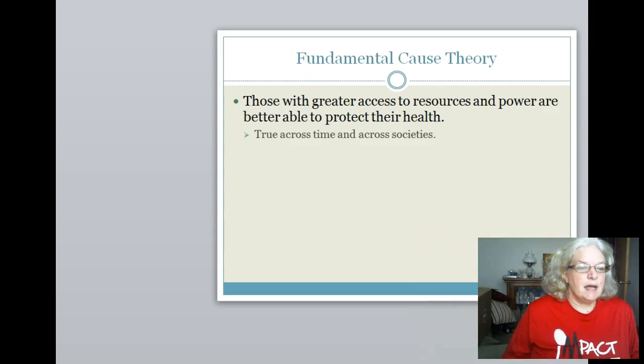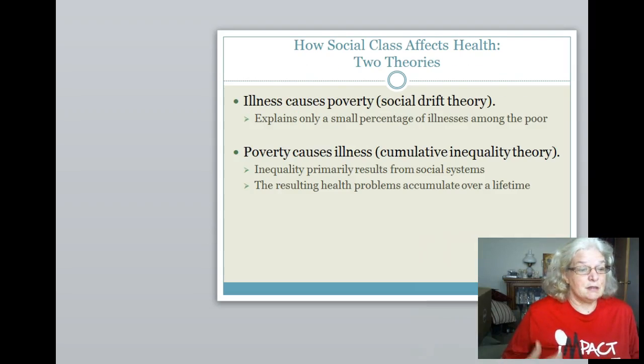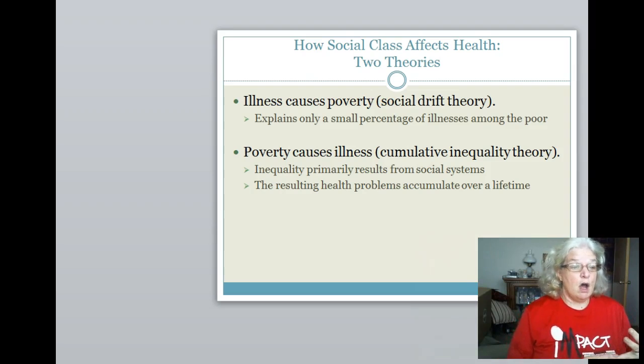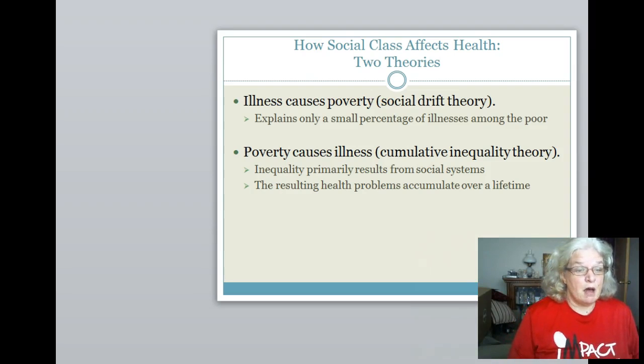So, quick look at theory. Functional theory basically says that the greatest access to resources goes to the most powerful, and that a person's place in society defines where they are. And we can see how social class affects our health. Illness causes poverty.